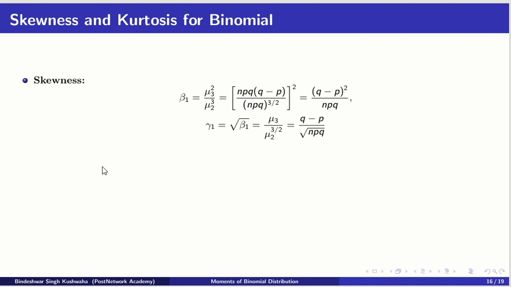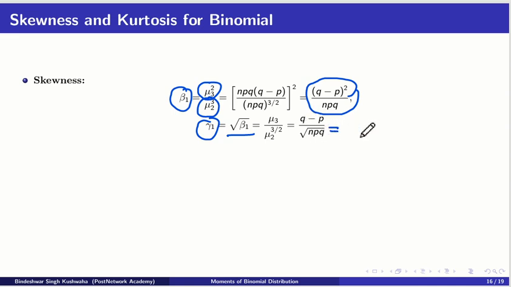Now let us understand skewness and kurtosis. The beta 1 coefficient is mu3 square upon mu2 cube, and finally that will become (q minus p) whole square upon npq, and gamma 1, the skewness, is equal to the square root of beta 1. So we will get (q minus p) upon the square root of npq.